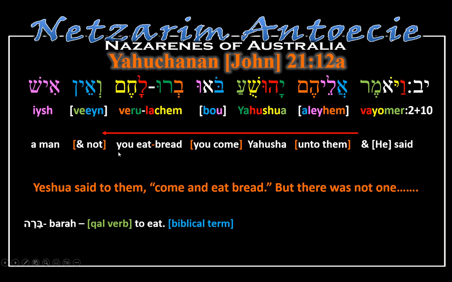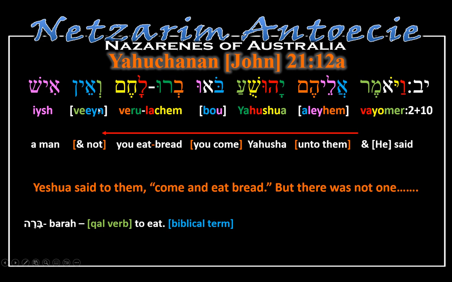lachem, you eat. Now I was wondering about that, and I found that bara is a kal verb and it means to eat. Basically, it's a biblical term. That's what the dictionary says. Maybe it's not a common term in modern Hebrew, but it's a biblical term to eat. Very good.